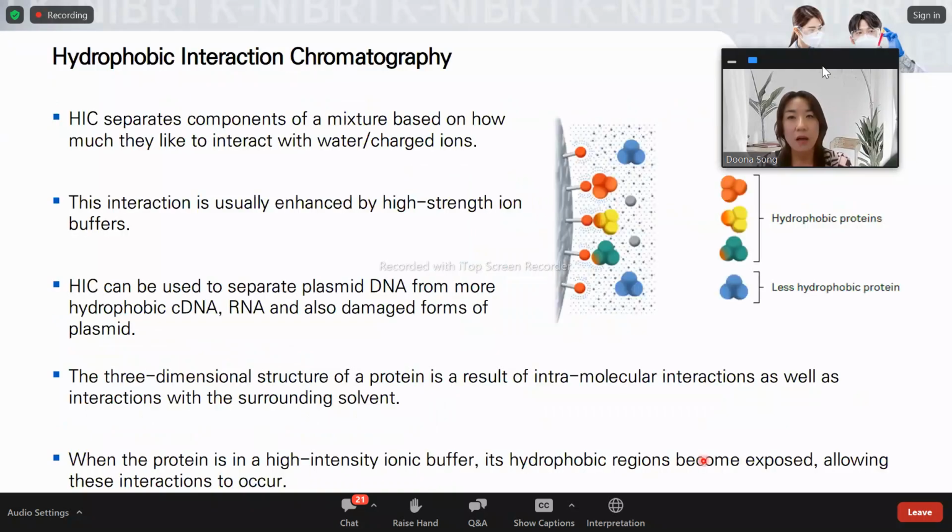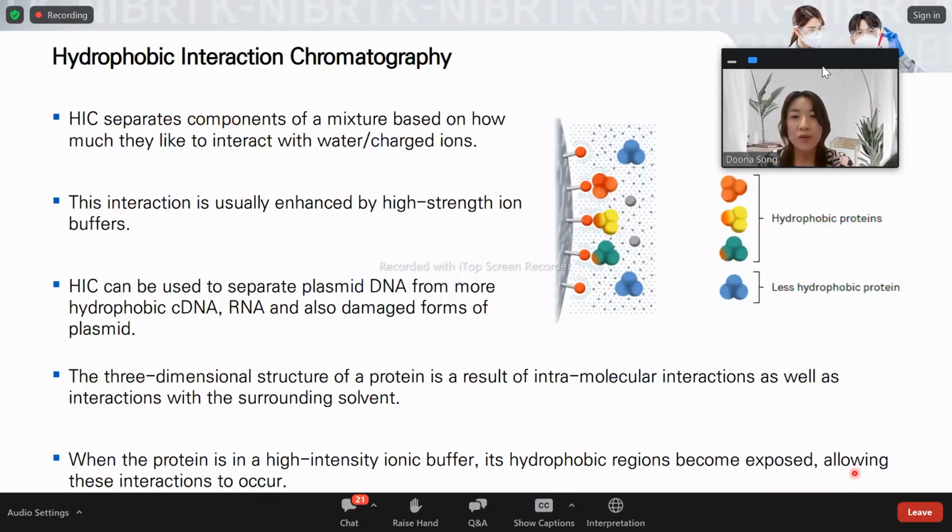Next, hydrophobic interaction chromatography, or HIC for short. HIC is a method used to separate components in a mixture based on how much they interact with hydrophobic ligands. This interaction is usually enhanced by high-ionic-strength buffers.